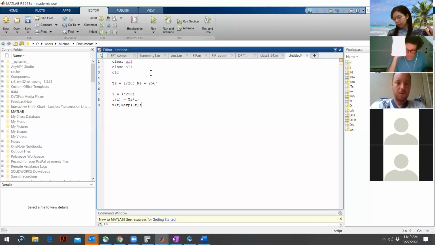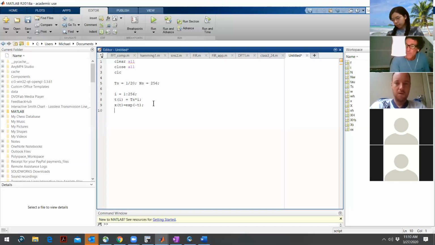Now, the only thing I've done is define this function. You'll notice I've defined I, I've defined t of I, and I've defined this. Automatically, because this is defined, this will be defined, and this will be defined. These are going to be vectors that are 1 by 256, and you'll see it appear here when I run the program.